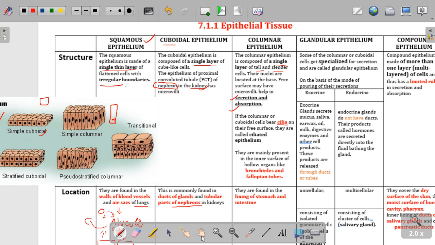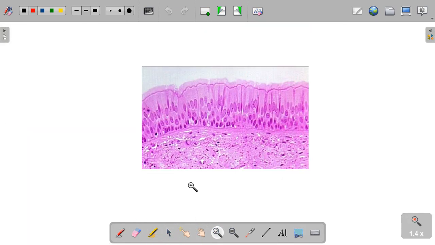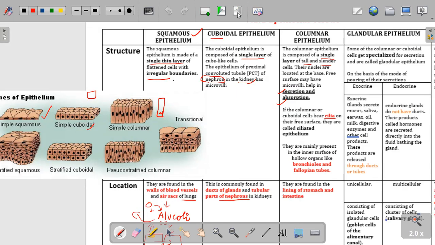See, look at this. These are the columnar epithelium having cilia, hair-like structures on the top of it. You can clearly see there is a nucleus, and you can see the cilia. That's why they are called ciliated epithelium.